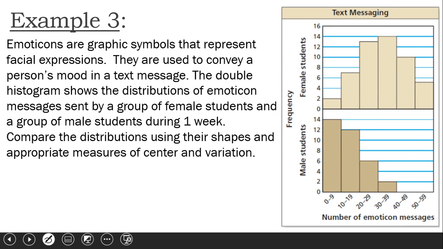Example 3 says, okay, you have female students and their text messaging with the number of emoticons and male students. And you're showing 2 histograms here, and you're asked to compare their shapes and the appropriate measures of center and variation. So we can see here, this one is symmetric.